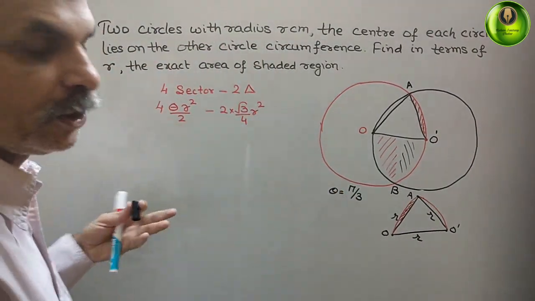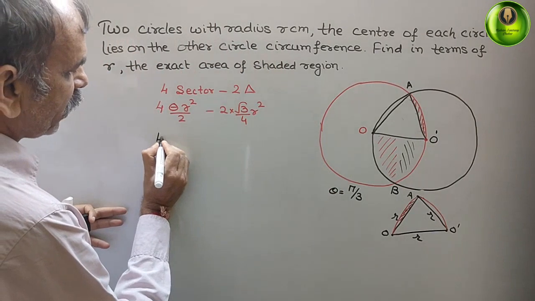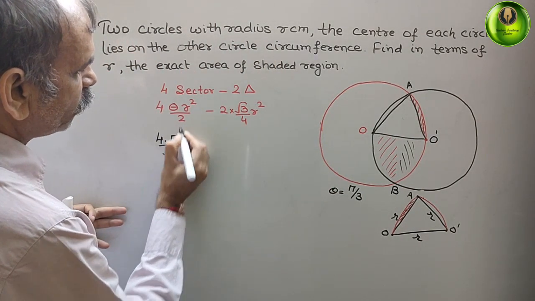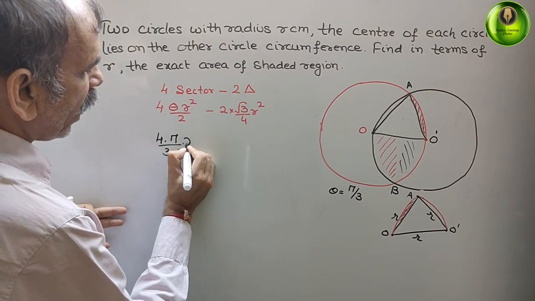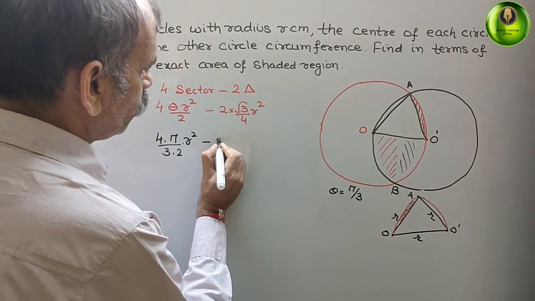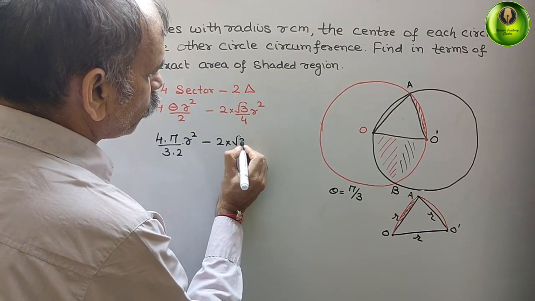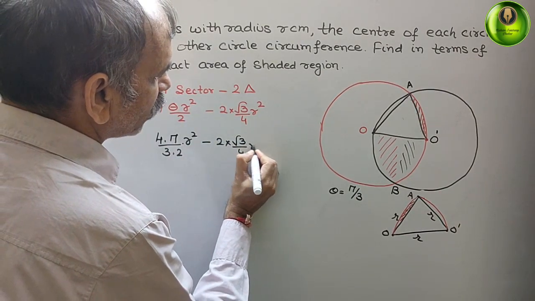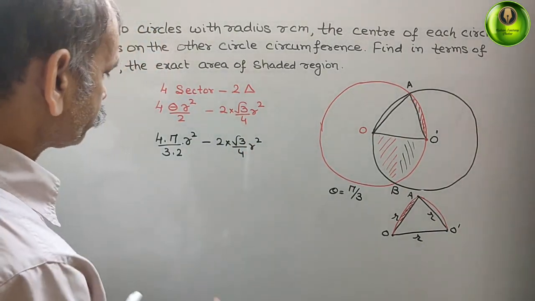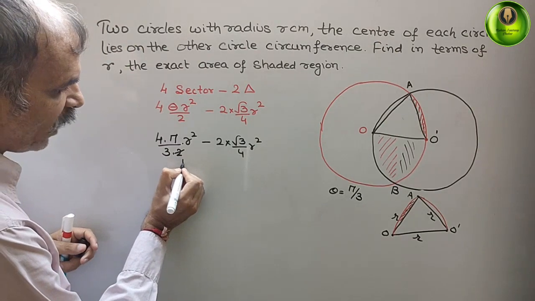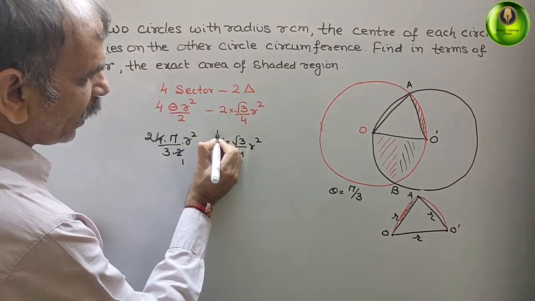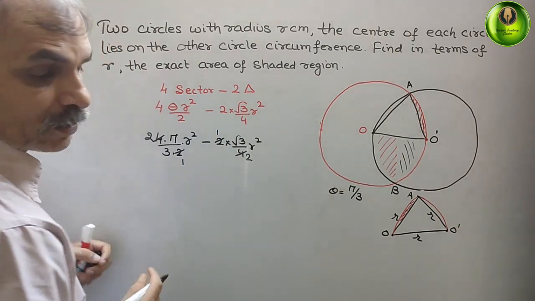Now substitute the value here. So here it will come 4 into pi by 3 into 2 into r square minus 2 into root 3 by 4 r square. Now reduce them. 2, 1, 4, it will go in 2 times. 2, 1, 4, it will go in 2 times.